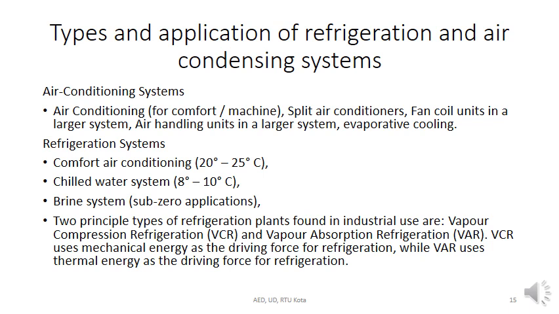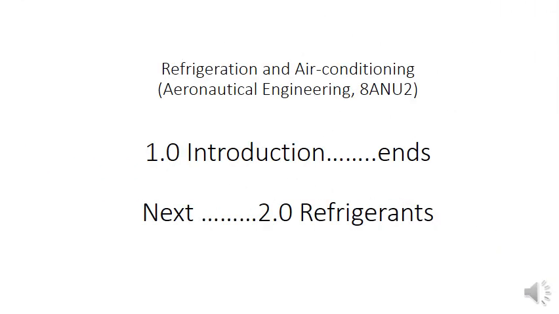Similarly for refrigeration systems, there are comfort air conditioning, chilled water systems, brine systems, and the two principal refrigeration plants that we have already discussed, compression and absorption based refrigeration plants. So the introduction is now completed. The next would be the different types of refrigerants.